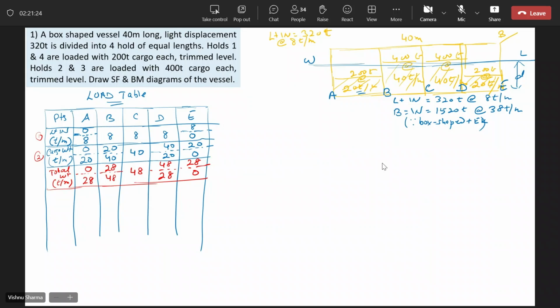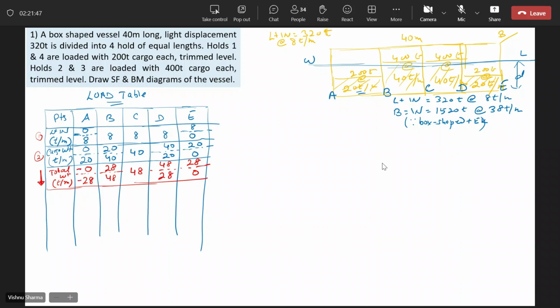Guys, is this force acting downwards or upwards? Downward, sir. And are we going from left to right or right to left? Left to right. So when you go from left to right, downward forces are positive or negative? Negative.